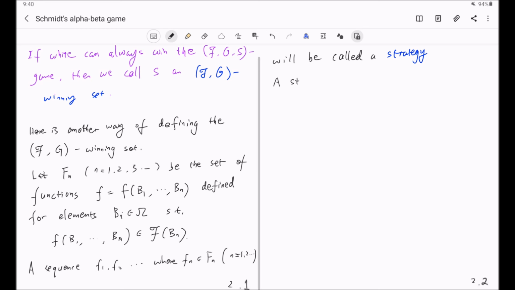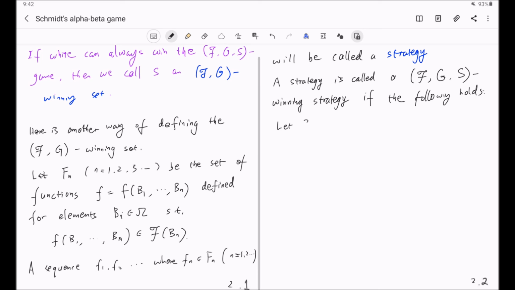A strategy is called an FGS winning strategy if the following holds.